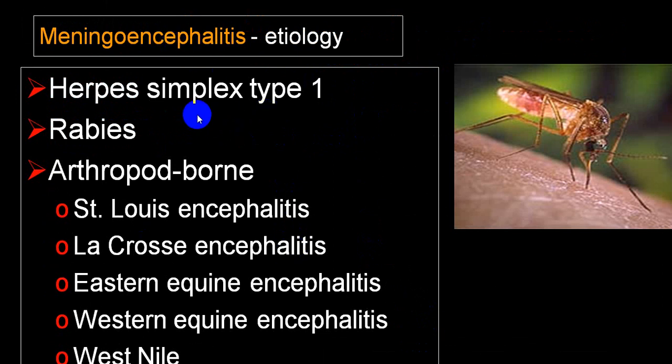So meningoencephalitis is more common with herpes simplex, rabies. There are a lot of different types of arthropod-borne viruses like St. Louis, Eastern equine, Western equine, West Nile, etc. And they are very common in USA.